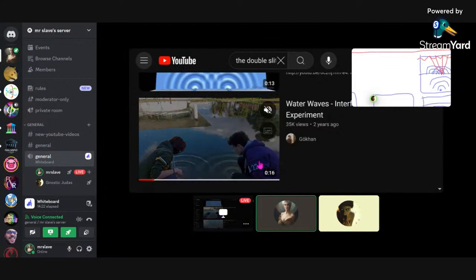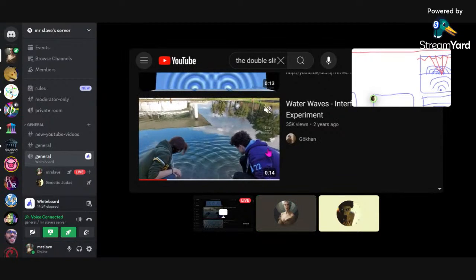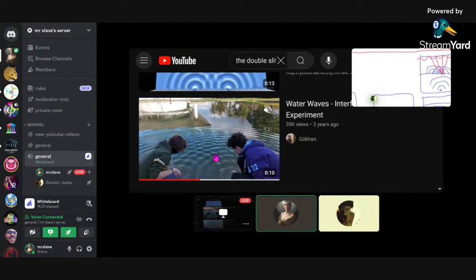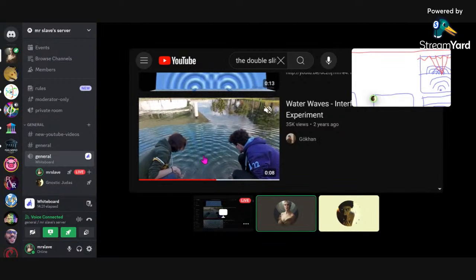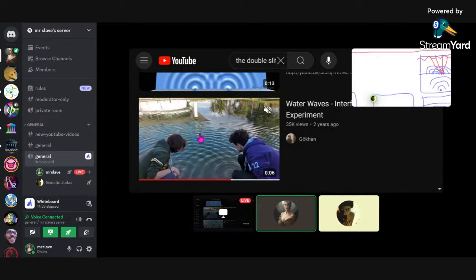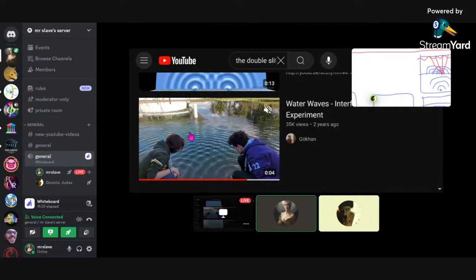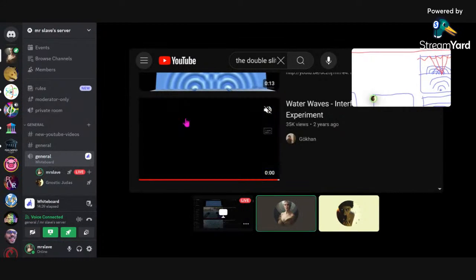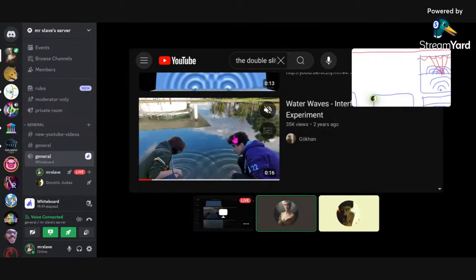You see these lines forming. It's difficult to see. You have to kind of squint to see it, but there's a line of low waves or whatever. There's these lines forming. There's lines, straight lines. It's not so clear.